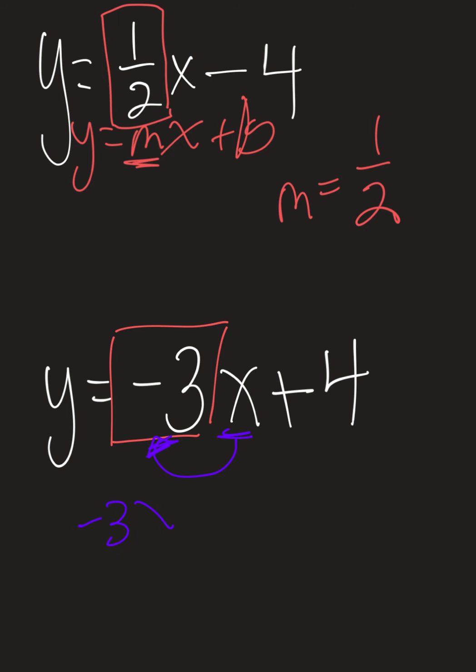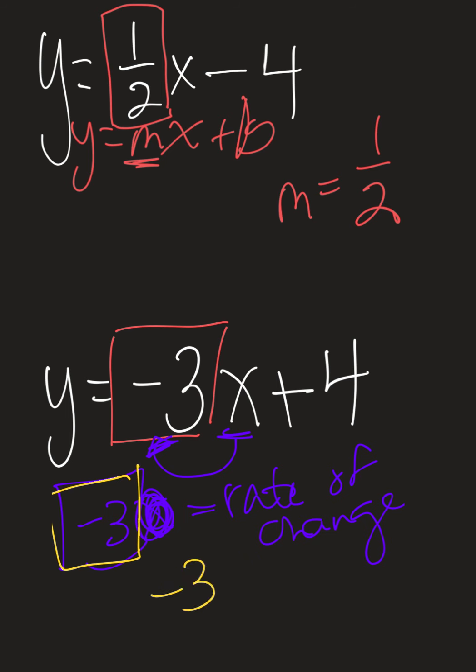So I have -3 times x, and that is my rate of change. In this case, it's negative, and I won't include that x part when I write my final answer. So -3 or -3 over 1 is my answer.